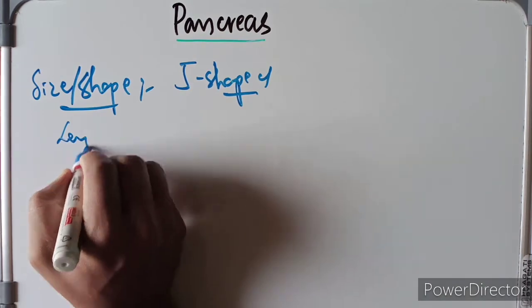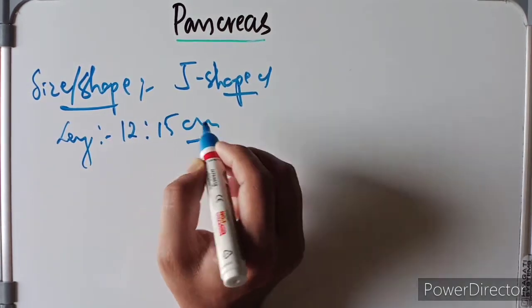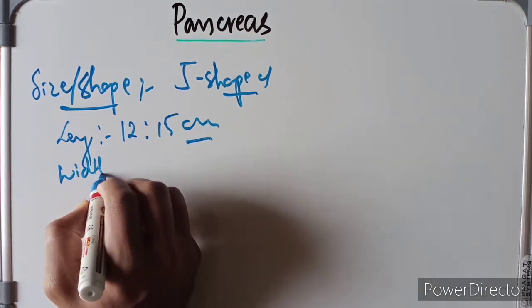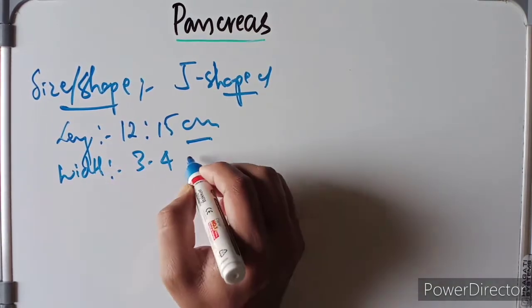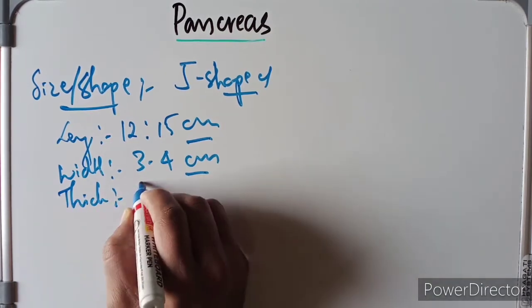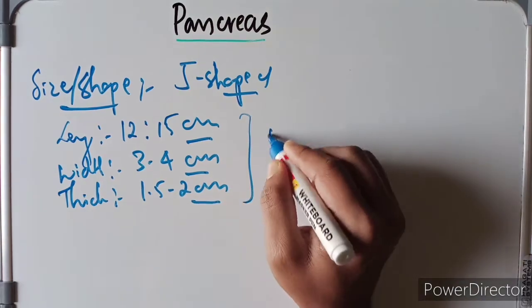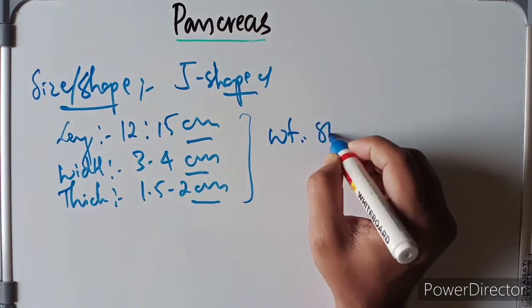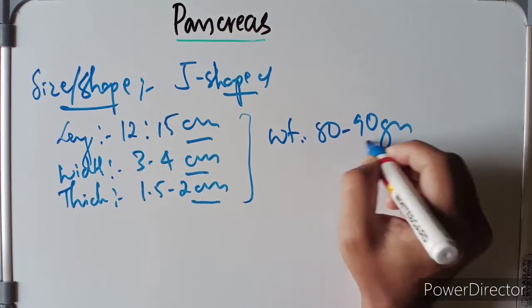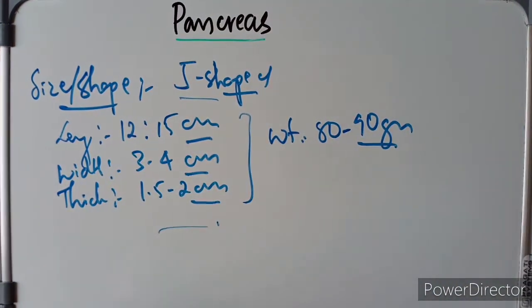It is approximately 12 to 15 centimeters in length. And what about the width? It is approximately 3 to 4 centimeters in width, and approximately 1.5 to 2 centimeters in thickness. And what about the weight of the pancreas? It is approximately 80 to 90 grams. So this is about the size and shape of the pancreas.